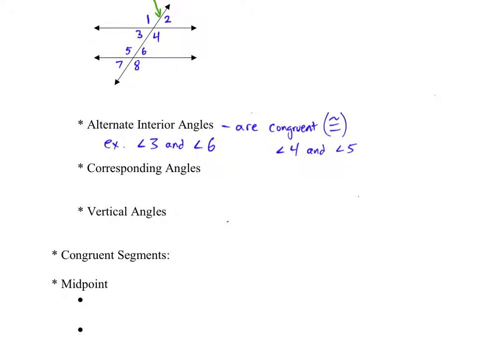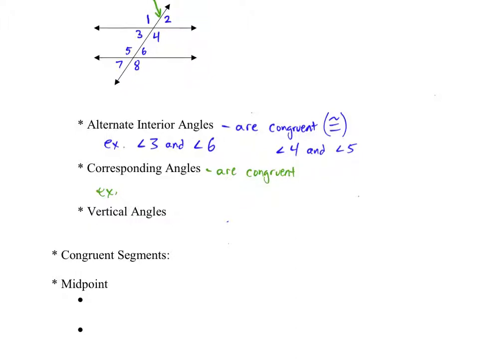Okay, so corresponding angles. I want to first say that they are congruent. And so an example, and maybe my example will crash and burn. Say angle 2. Angle 2 is kind of in the upper right. Agreed? What other angle is also kind of in the upper right? 7? 7 is lower left, though. 6.